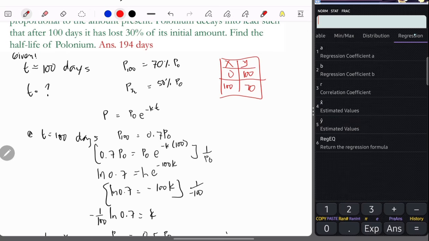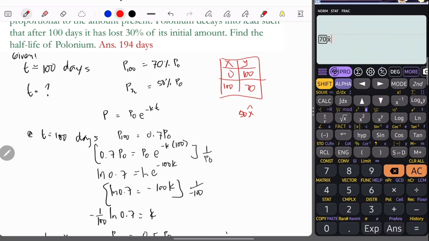Choose regression. What is missing here is the time. So, we choose X bar. Then, multiply it to 50%. So, 0.5 of 100 is 50. So, X bar, then multiply to 50. Answer is 194 days. Okay?